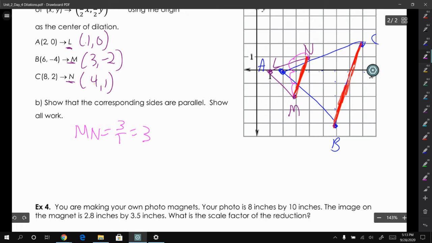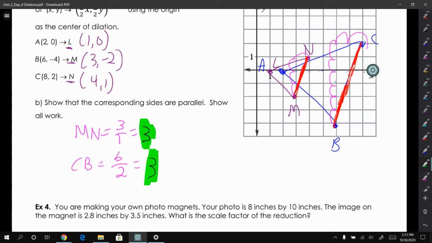Now if we're going from B to C, we are going up 1, 2, 3, 4, 5, 6, and right 2, which also equals 3. And you should have learned in algebra that when lines have the same slope, they are parallel. So because we have a slope of 3 for both of those lines, they are parallel. We're not going to go through doing the rest of them because we're going to show that all the other ones are parallel too.